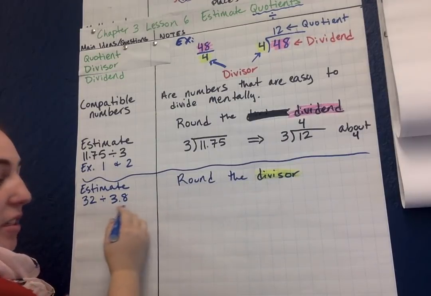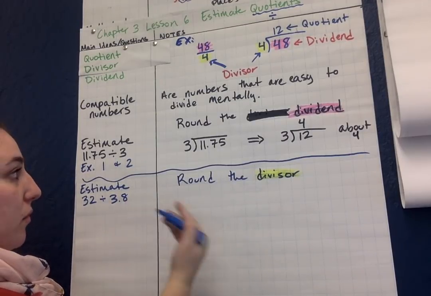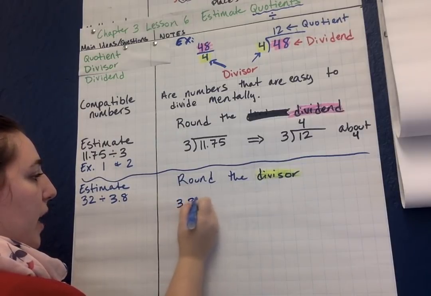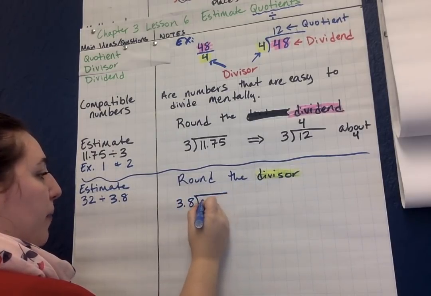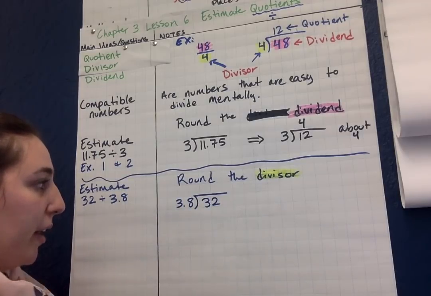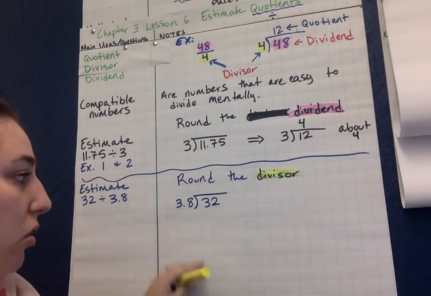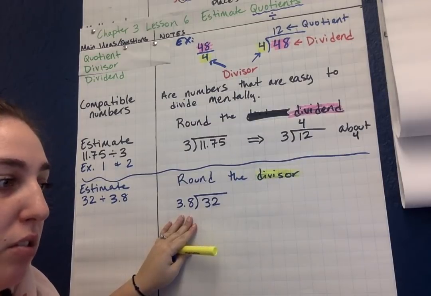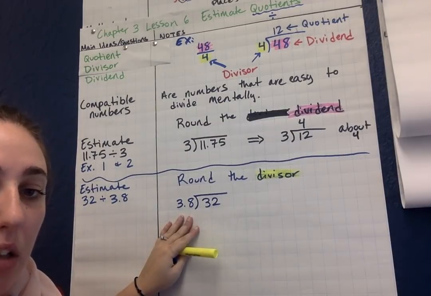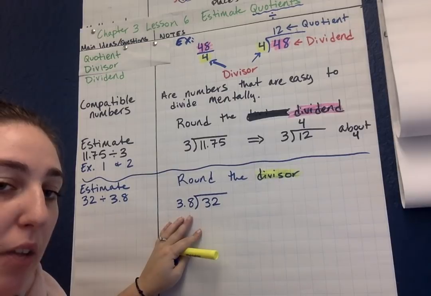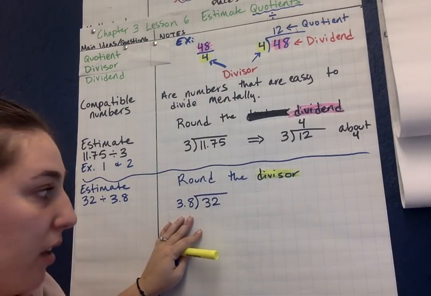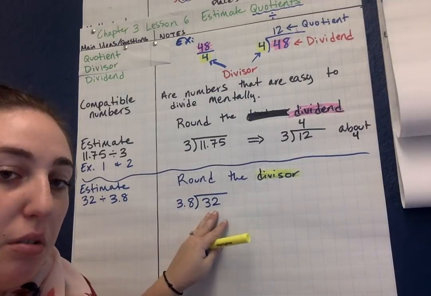So if I write this into long division format, it's going to look like this. 3.8 divided by 32. So we want to think of this really quickly. First, I can either think of just rounding, so what number is 3.8 closest to, but I also have to think what number is 3.8 closest to that will also go into 32.